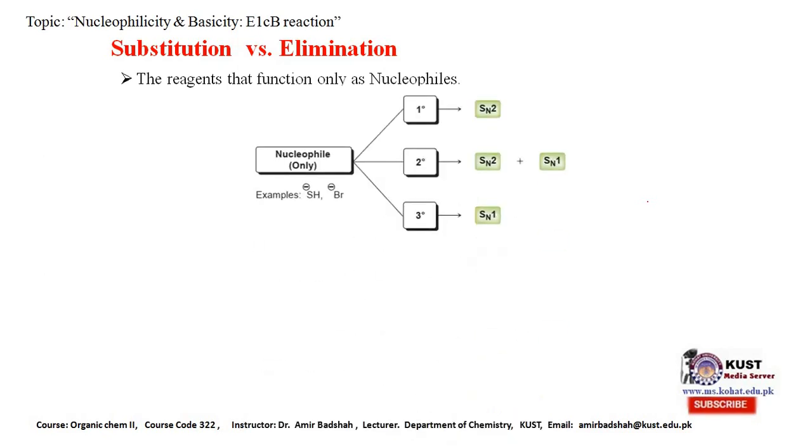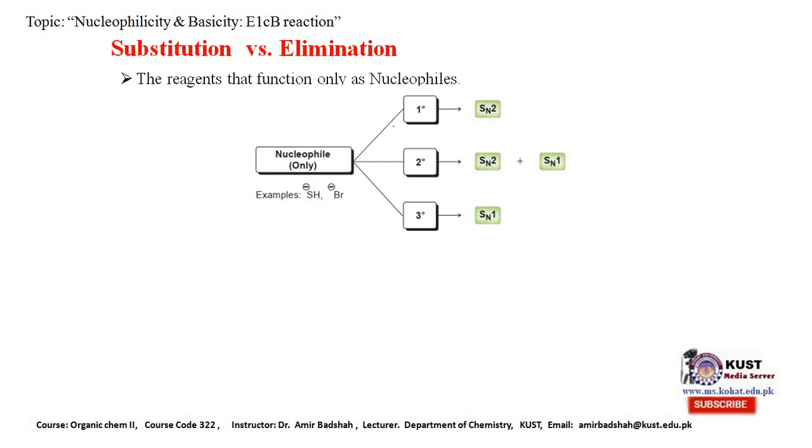This is the comparison between the substitution versus elimination reaction. If the reagent can function only as a nucleophile, as we have discussed in the previous slide, then if the substrate is primary and the species used can act only as a nucleophile, definitely a substitution reaction will take place, a nucleophilic substitution reaction.